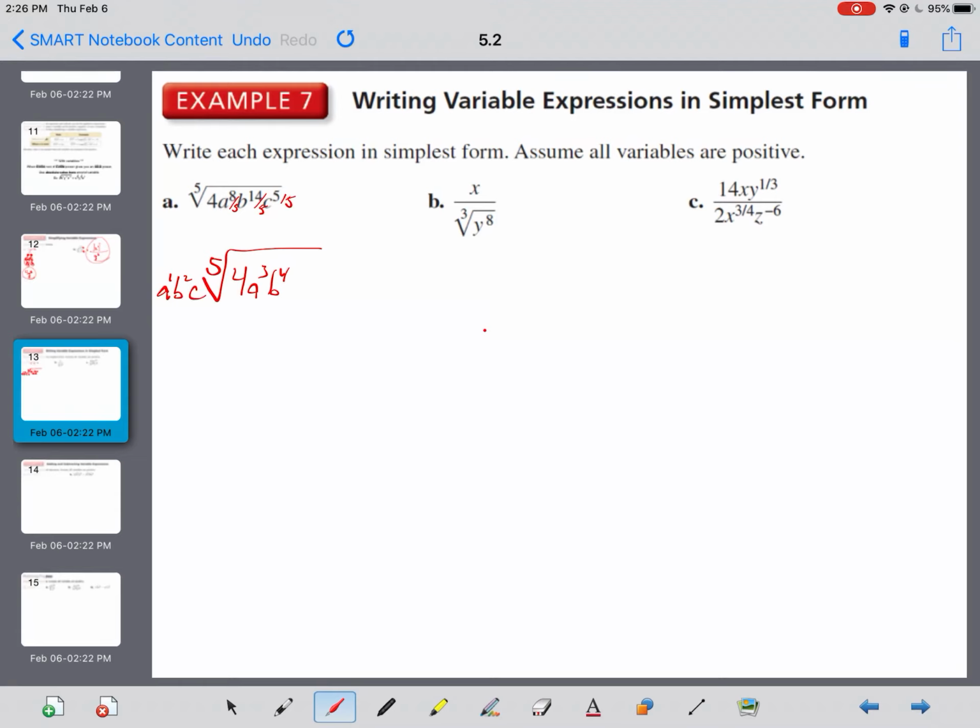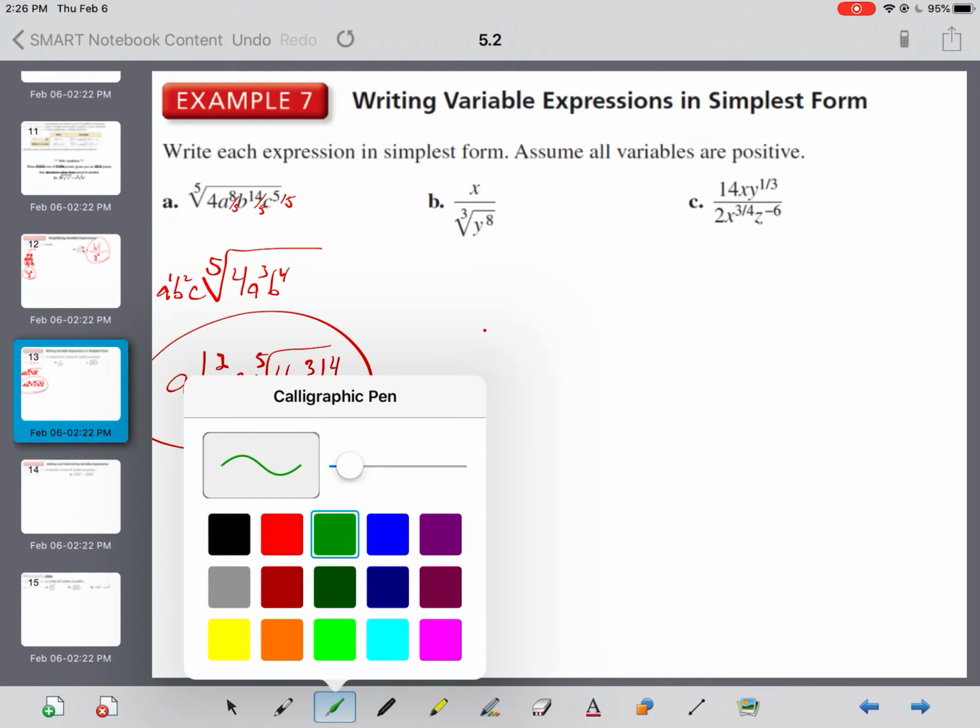And 5 divided by 5 goes once. So we got, to write it clearer, a, b squared, c, fifth root of 4, a to the third, b to the fourth. Stays inside.